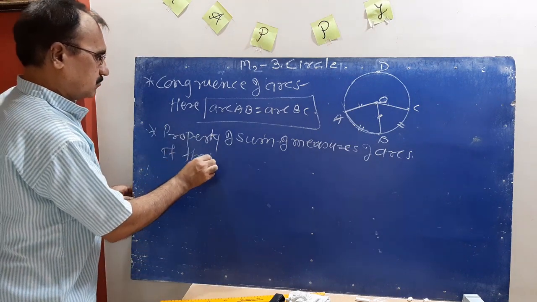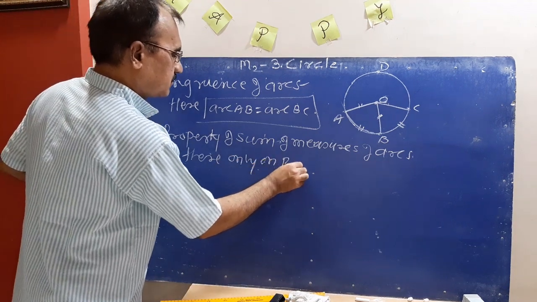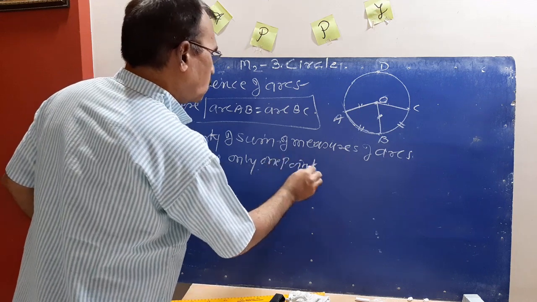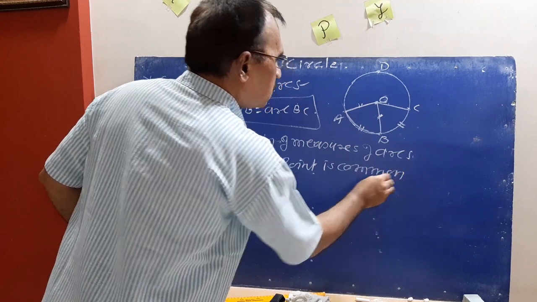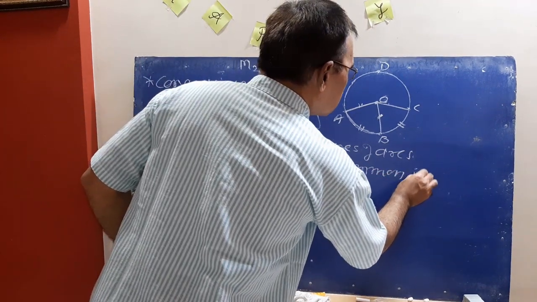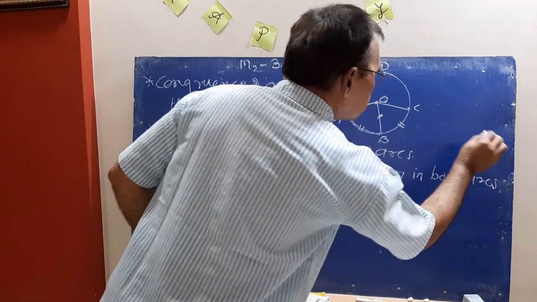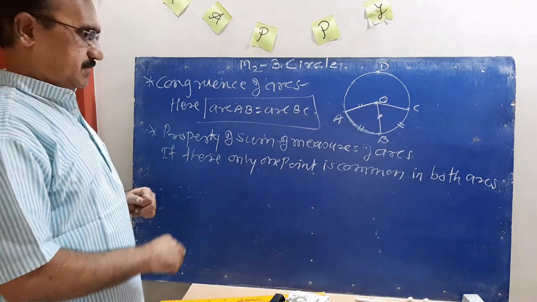If there is only one point common in both arcs, then we can add the measures of these two arcs.